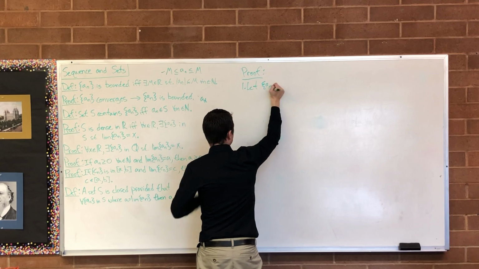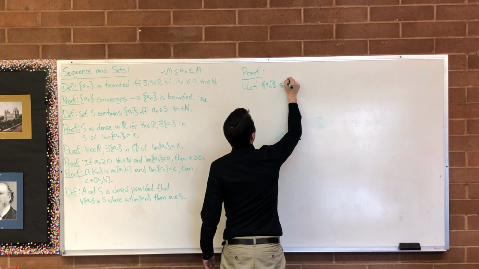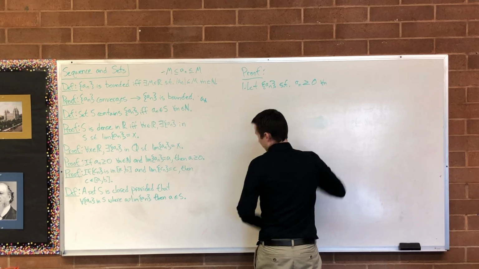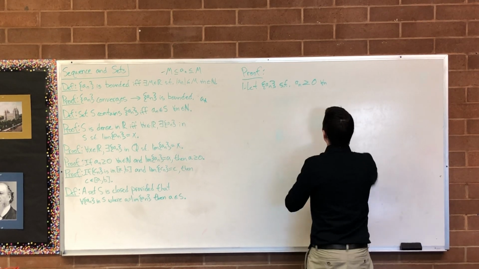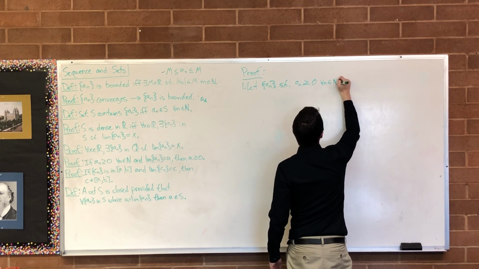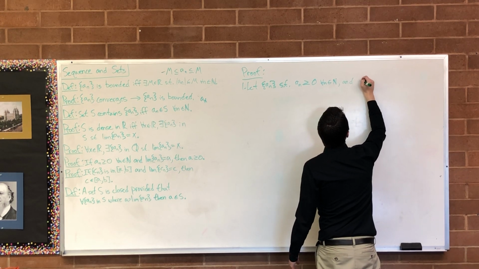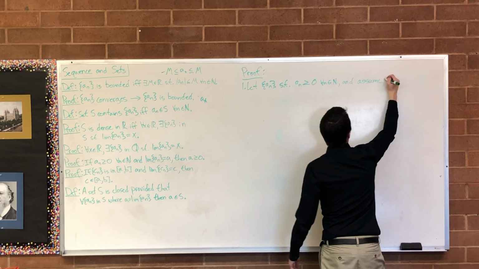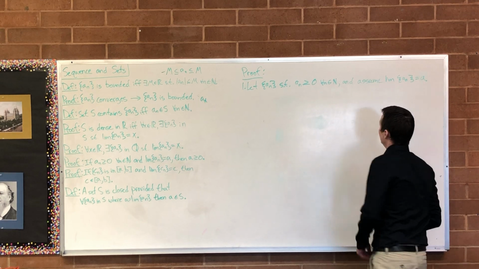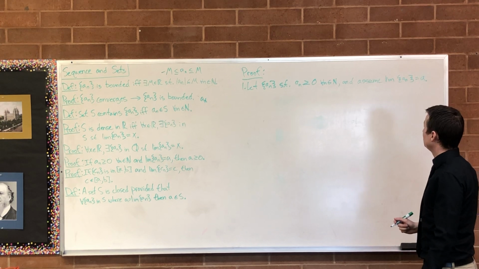So let's see. Let a_n be a sequence such that a_n is greater than or equal to 0 for all n in N, and assume the limit of a_n is equal to A. So now it remains to show that A is greater than or equal to 0.